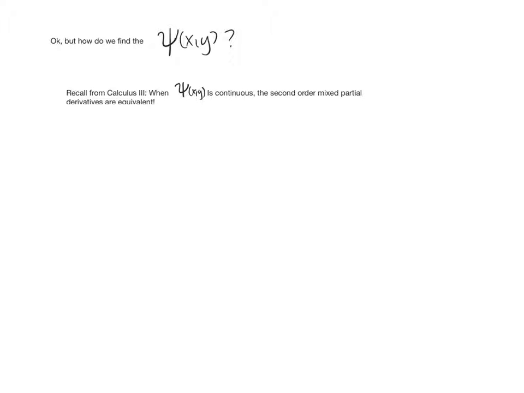So the key to that is to recall from Calculus 3 that if psi of x, y is continuous, the second order mixed partial derivatives are equivalent. So what do I mean by that?